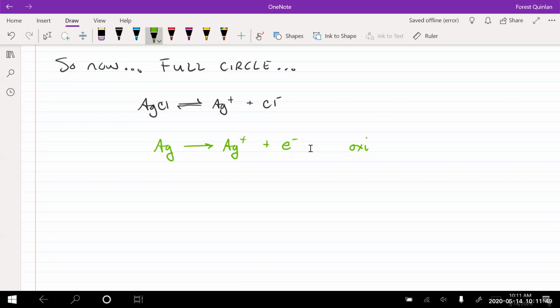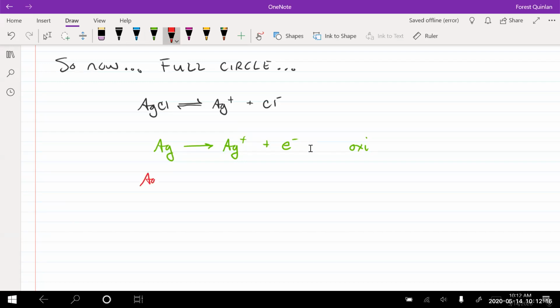Now, it may seem like, well, how are we breaking this up into an oxidation and reduction? I'm going to show you what they are, because unlike the other equations where you can clearly see, oh, it's chromium to chromium and iodine to iodine, there is no silver to silver and chloride to chloride. We have essentially three things going on. And so I'm going to show you the two parts that make the whole of this reaction.